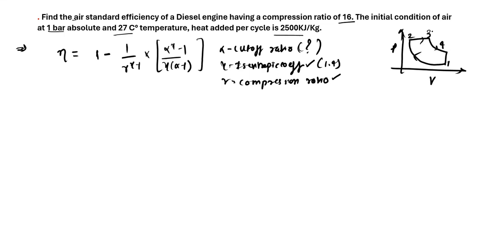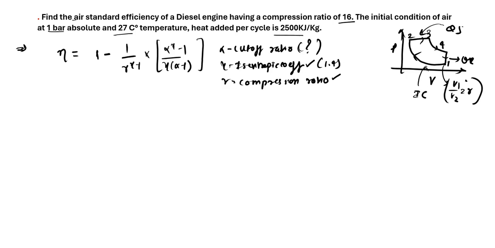We know that 2 to 3 is a constant pressure heat addition process, where Qs will be added. 4 to 1 is a heat rejection process, and 1 to 2 is isentropic compression.